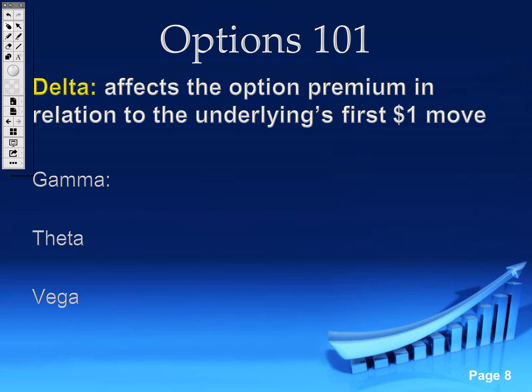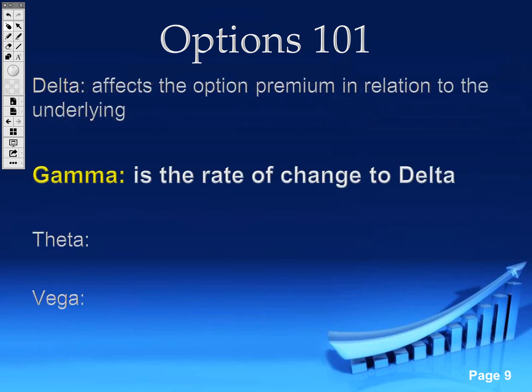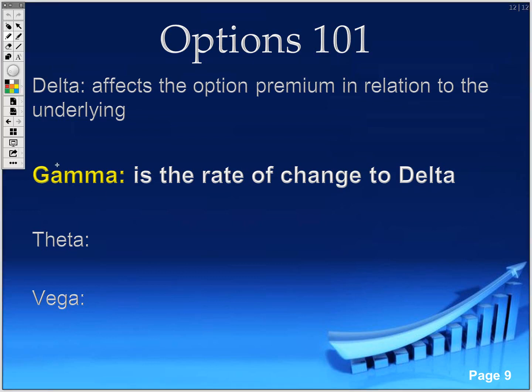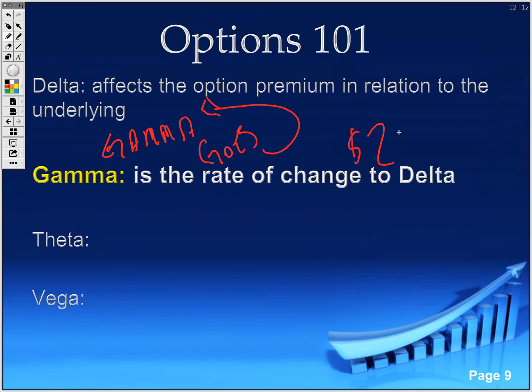Gamma is a little bit different. Gamma goes with delta. So we can easily say that gamma goes with delta, okay? Basically this is on the second dollar move, on a $2 move.